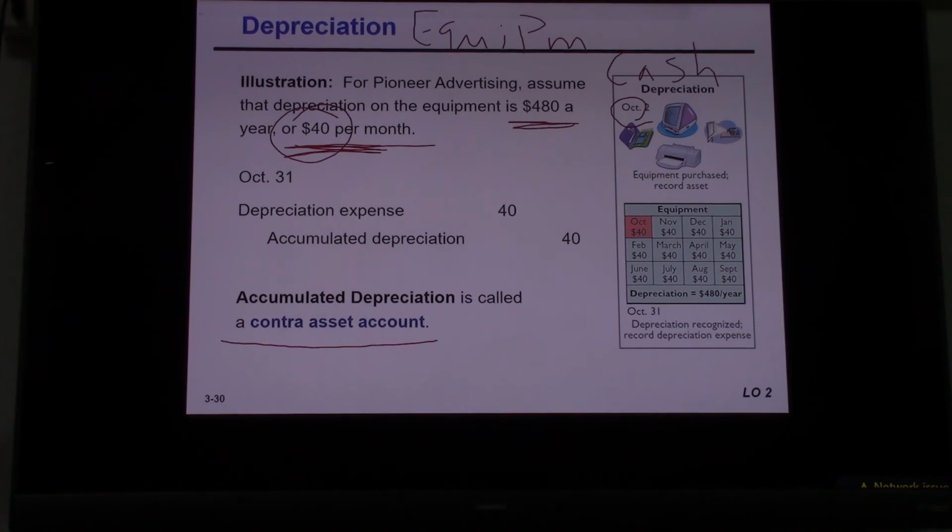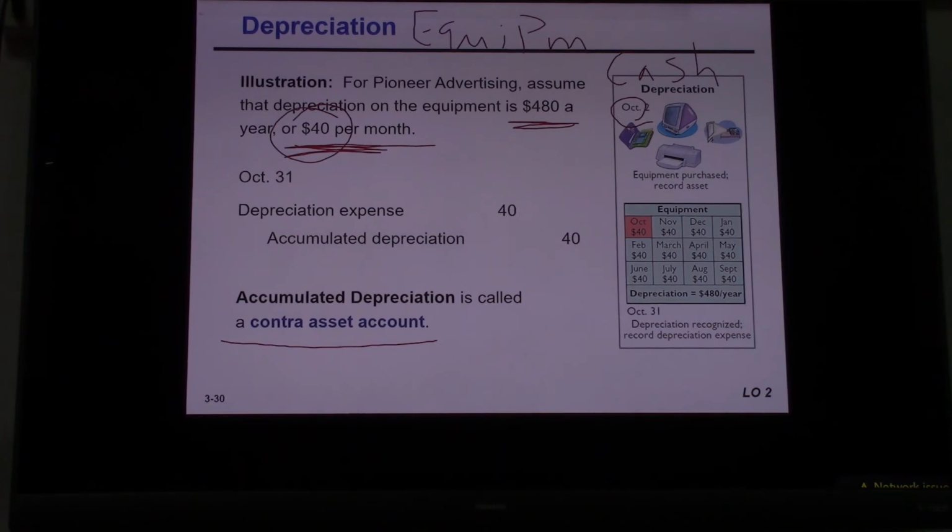Then the depreciation for this equipment is $480 annually and $40 per month. So on October 31st, having used this equipment for 1 month, you should make an adjusting entry and recognize expense. So we will increase expenses in the form of depreciation expense by $40.